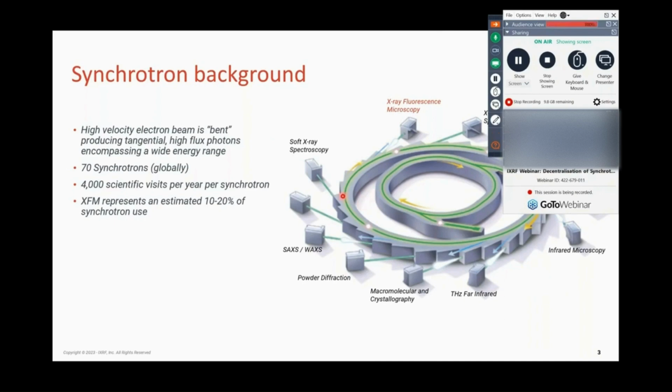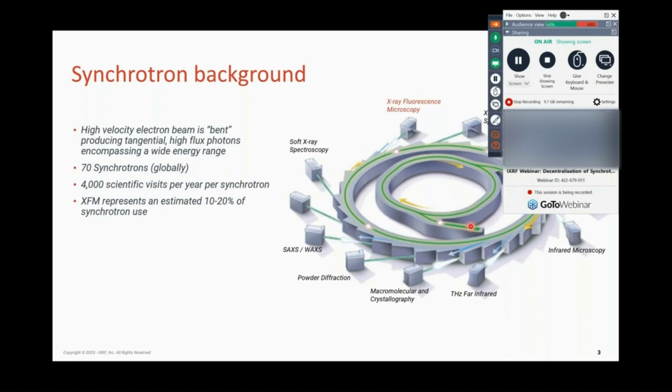Synchrotrons are made up of a linear accelerator where an electron gun produces electrons, which are accelerated to almost the speed of light. Then a booster ring is used to rapidly accelerate these electrons even further, which are then directed into a storage ring. Within the storage ring, bending magnets alter the electron path, thereby producing photons, or what is known as synchrotron light.